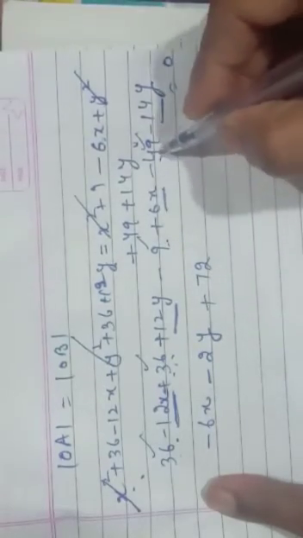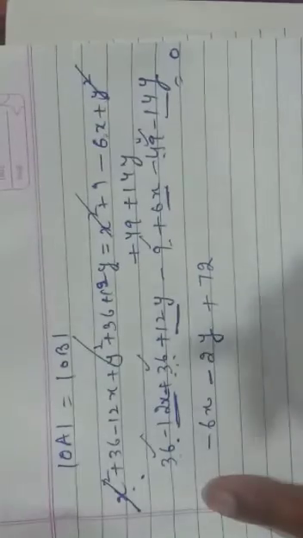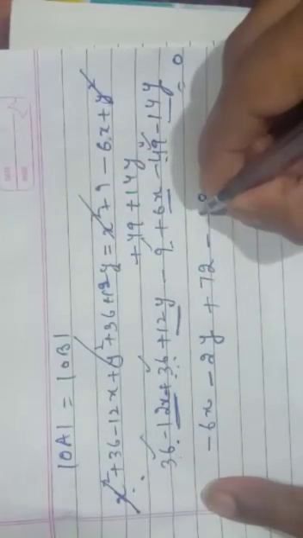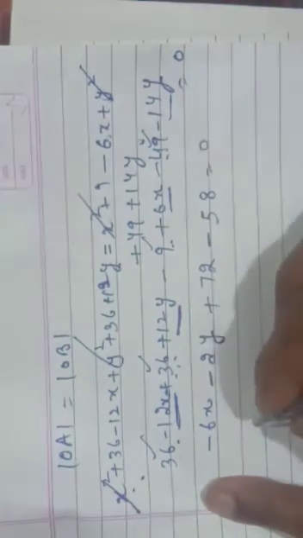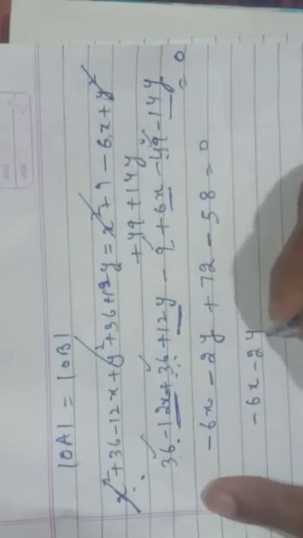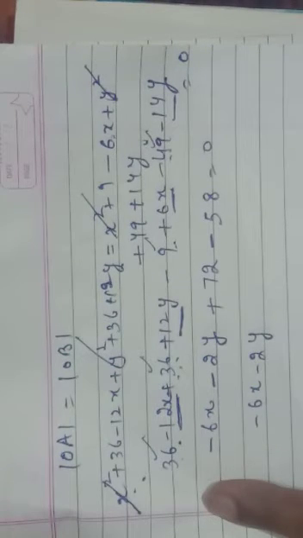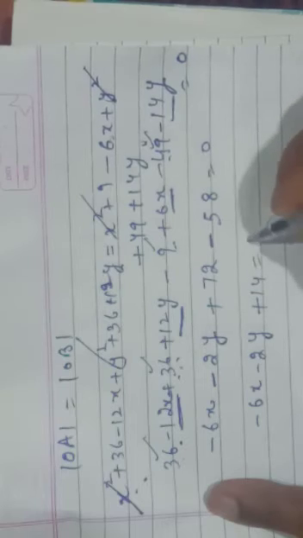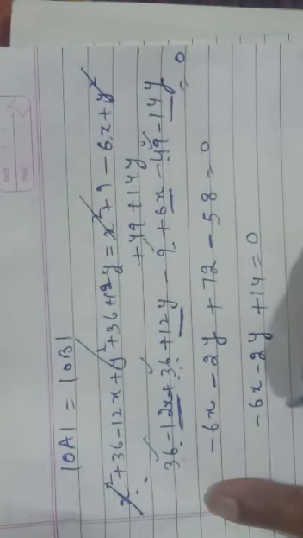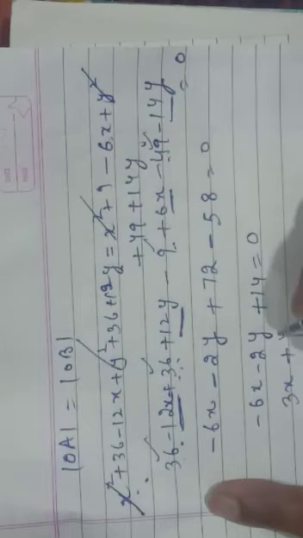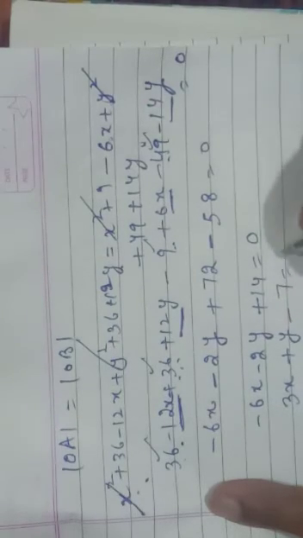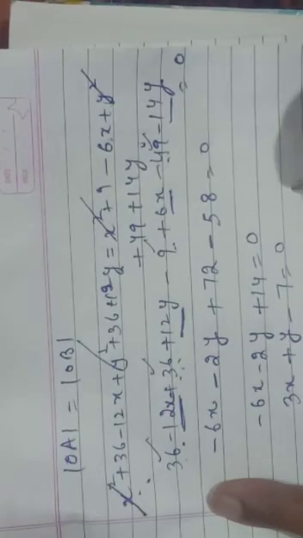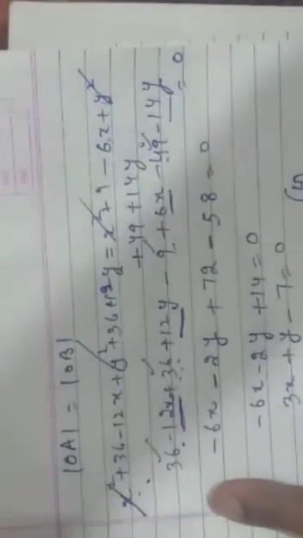Then these two, minus minus again, that will be plus. It is 58. So it is minus 6x minus 2y, 72 minus 58 is 14. You can take 2 common from all. It becomes here 3x plus y minus 7 equals to 0. So the equation becomes, I have marked this as equation number 4.